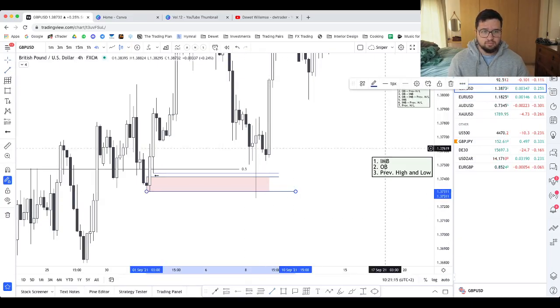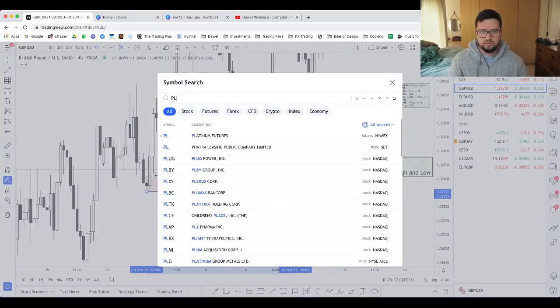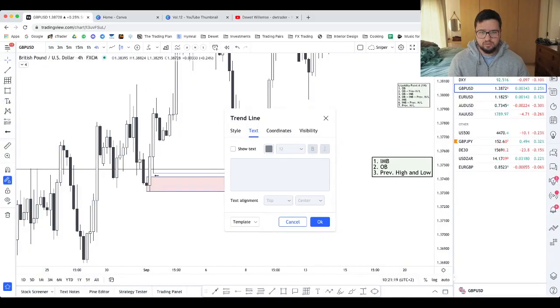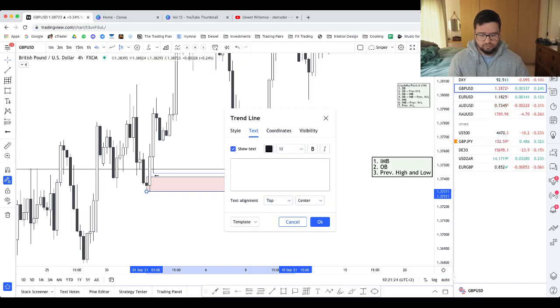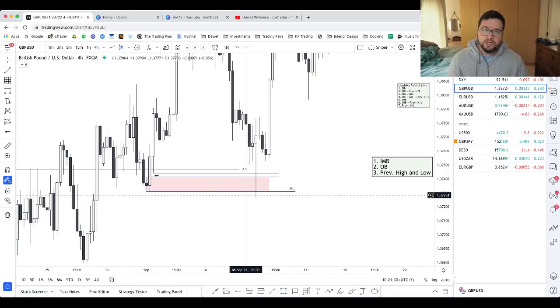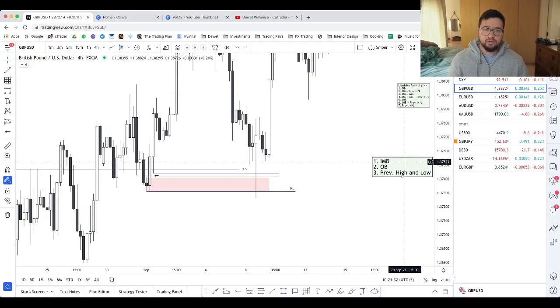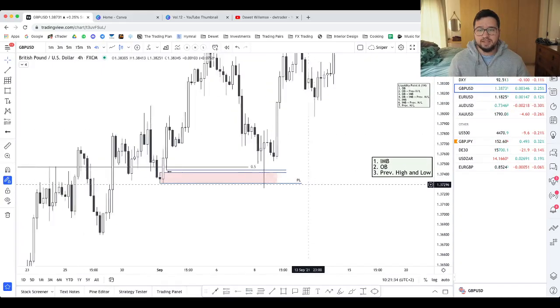We can just mark that as previous low. Those are the first imbalance, order block, and previous high and low within the discount.